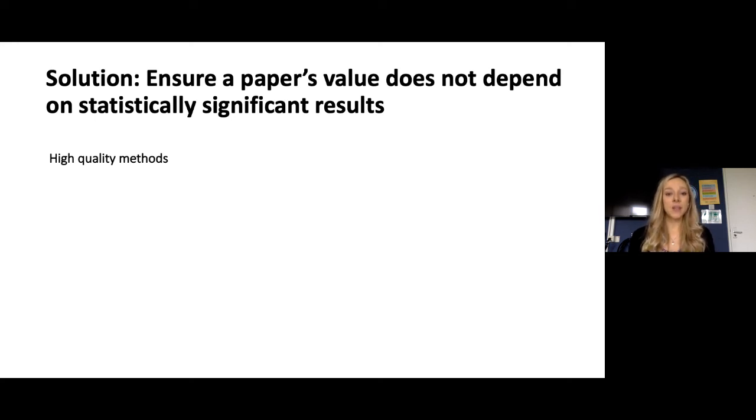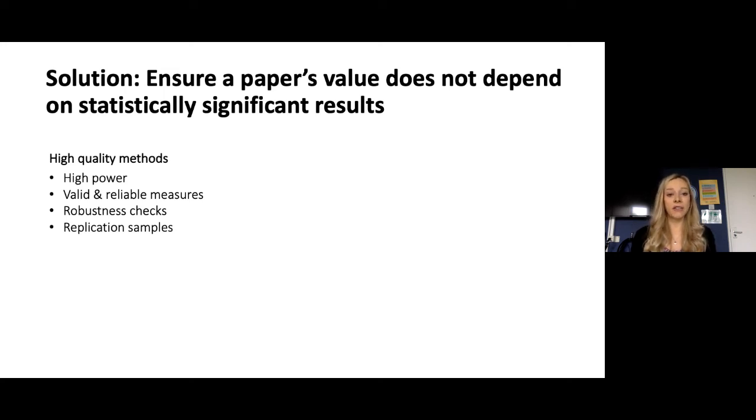So taking the time to think carefully and thoughtfully about our study plans when we're designing it, and taking steps to make sure we have high power, we're using valid and reliable measures, implementing robustness checks to rule out alternative explanations, and using replication samples to test the generalizability of our findings.